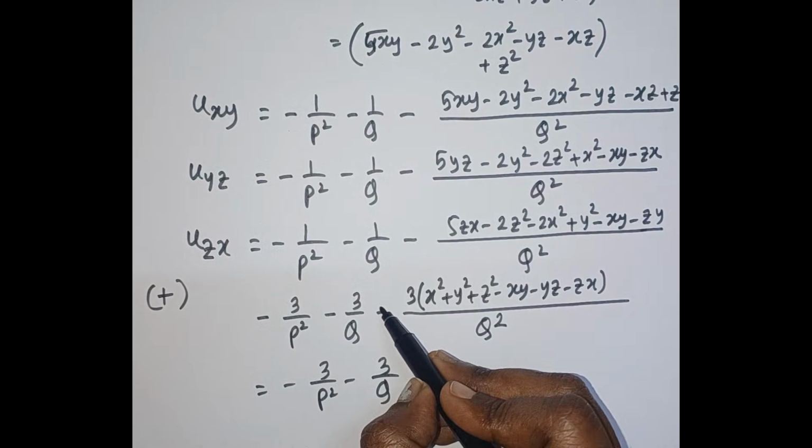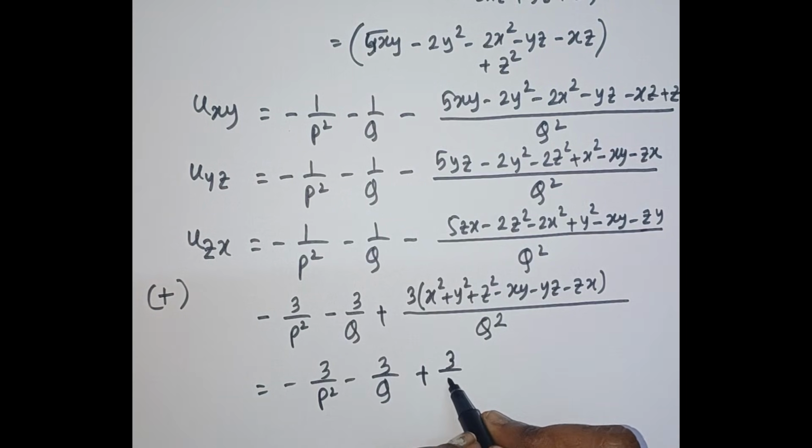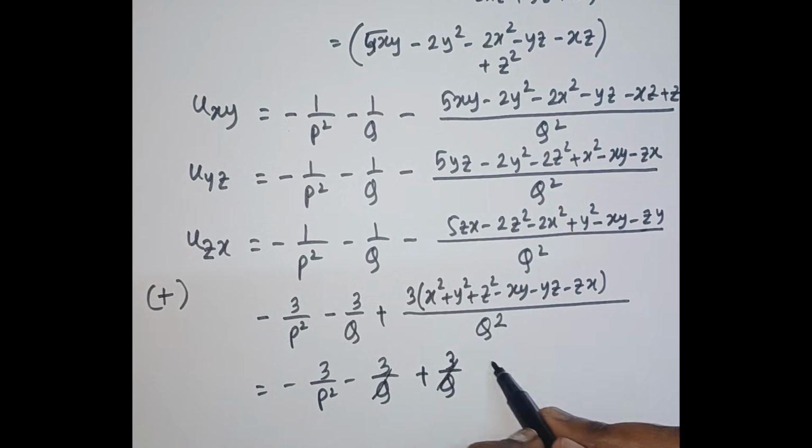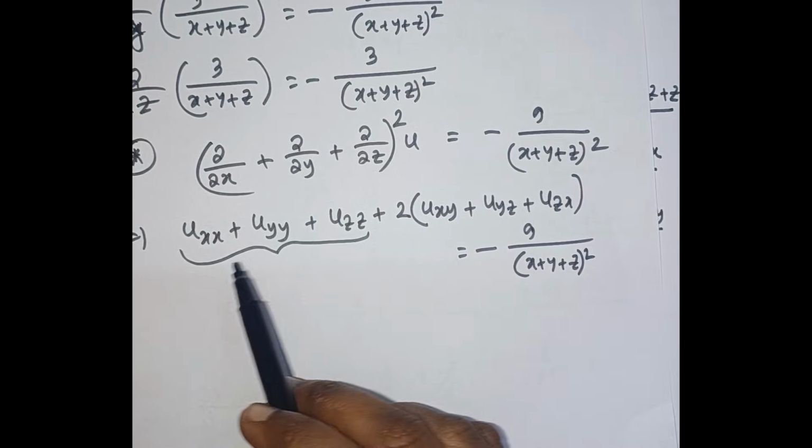This minus will be outside. So minus 3 we have to take common, then plus 3 by q. So the final is minus 3 by p square.